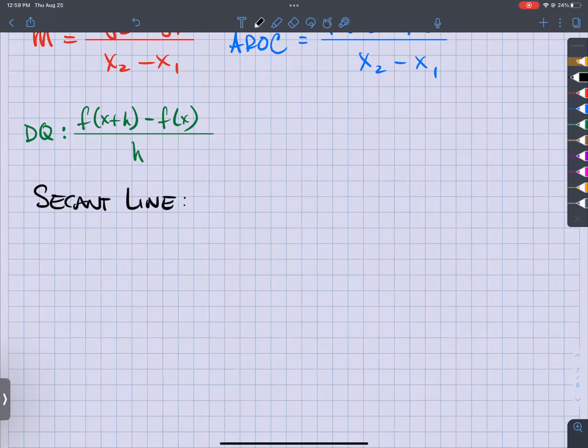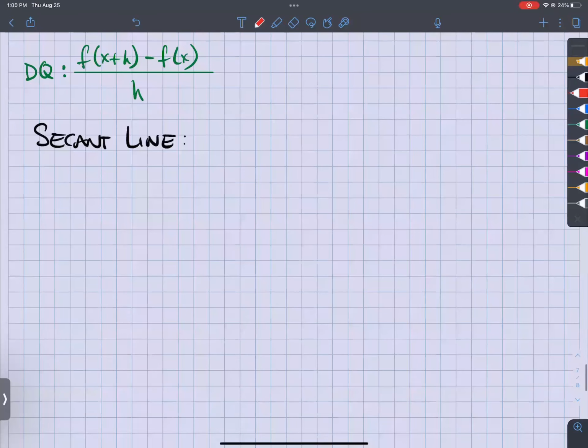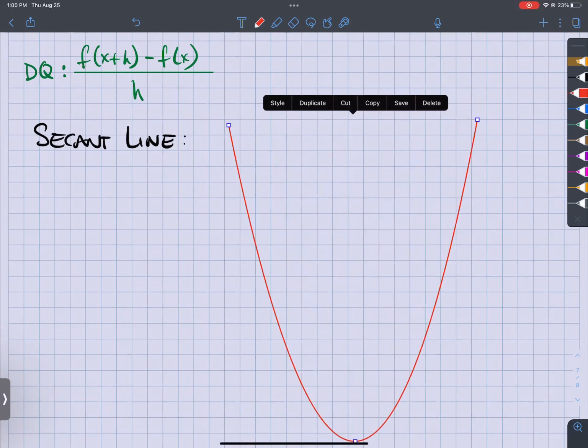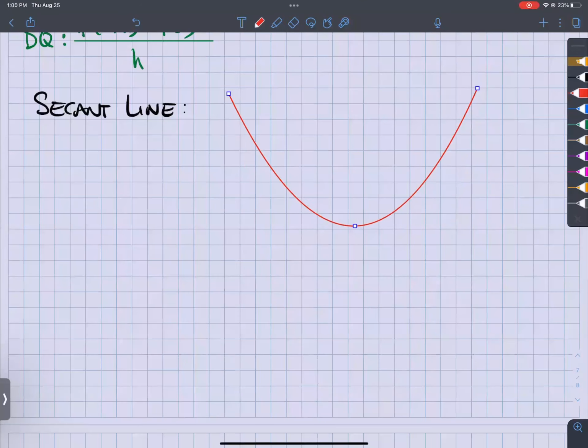The secant line. Have you guys ever heard of a tangent line before? Okay. So if I had a graph, a parabola, let's just make it wider.